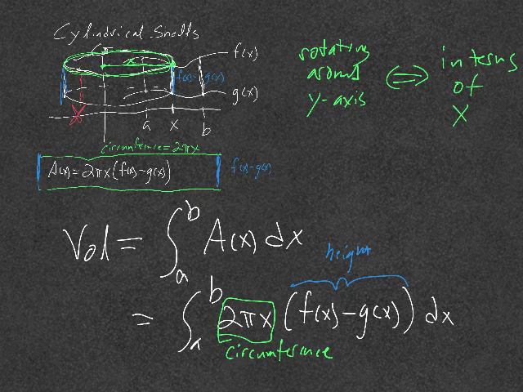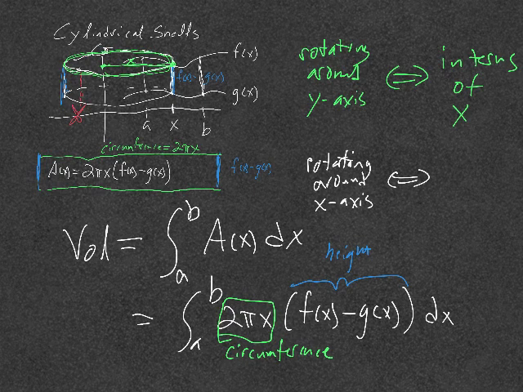Whereas if you're rotating around the x-axis, well then you need all of your functions in your integral in terms of y. So for cylindrical shells, the axis of rotation is different than the variable that you're integrating in terms of. You're changing variables between them.